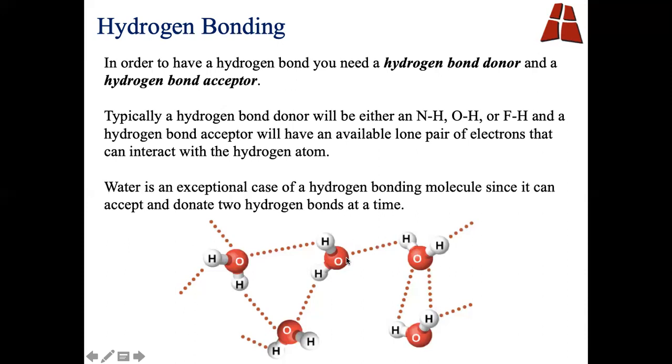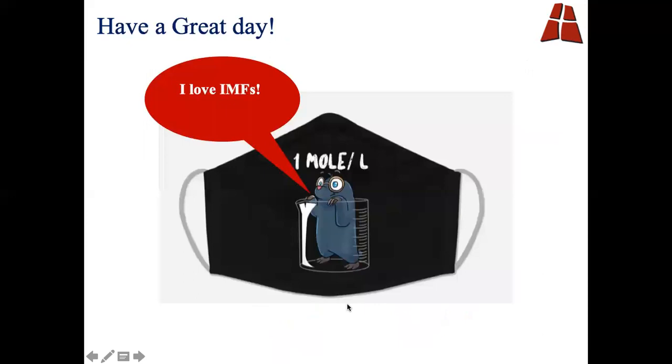Water in particular is an exceptional case of hydrogen bonding because it can donate two hydrogen bonds as well as accept two hydrogen bonds at the same time, something that you would see with this water molecule here, where it has two hydrogen bond donors and two hydrogen bond acceptors.